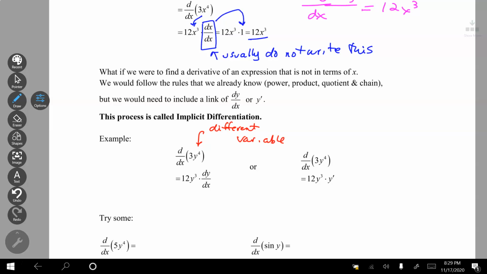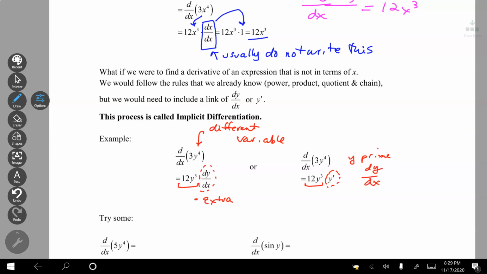And what happens, we get the same thing as before, except now we have 12y cubed, and then we have this little extra dy over dx. Or sometimes I use shorthand, and I do 12y to the third, and then I write this little thing at the extra. It's called y prime, but y prime is the same thing as dy over dx.